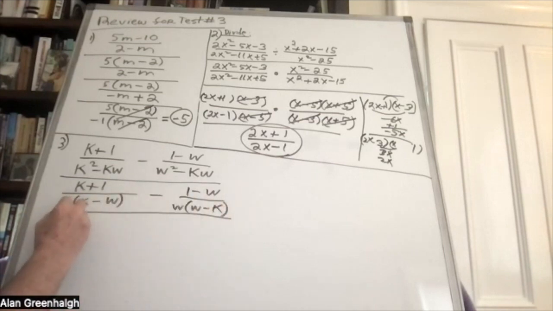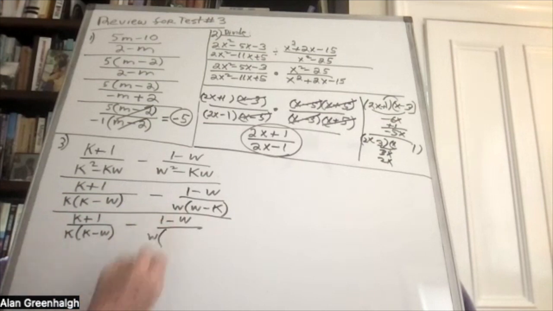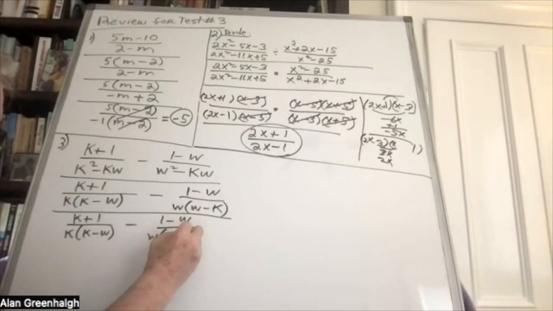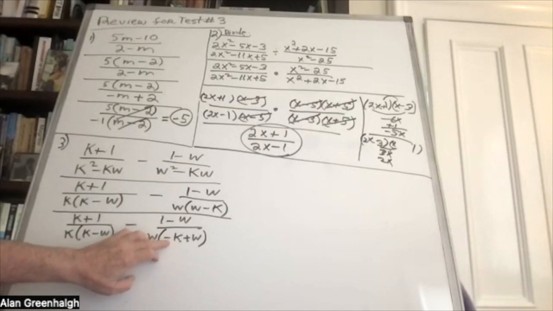So let's get K plus 1 over K times K minus W, minus 1 minus W. And then over here, let's make that negative K plus W. All right, so obviously, once again, we could take out a -1 here.